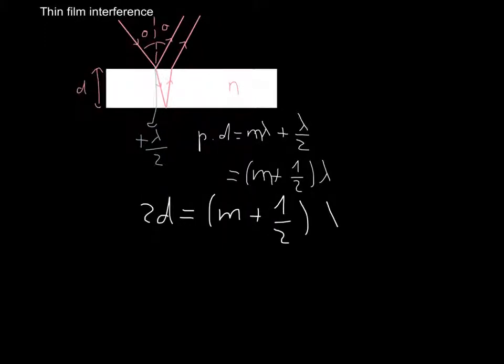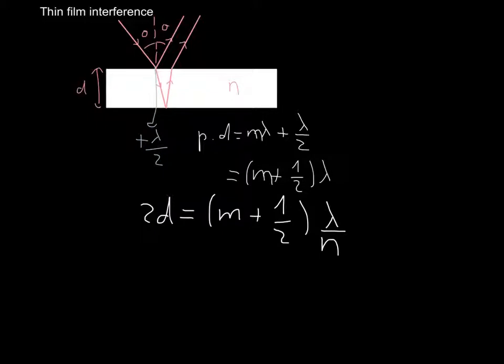But now we have a problem, because lambda here, the wavelength here, is actually not the same as the wavelength here. In fact, it is relatively easy to prove, and I will leave this to you as an exercise, that the wavelength inside the oil is the wavelength in air divided by n. So this should be divided by n if we want to do things properly.